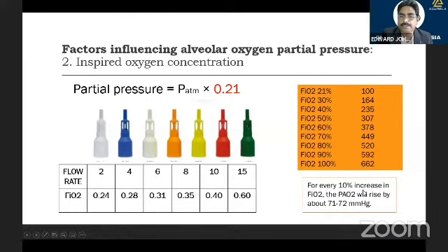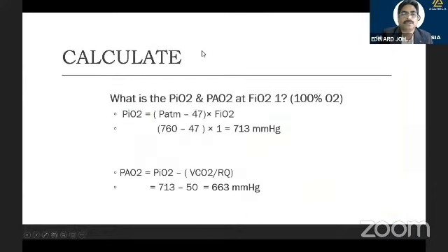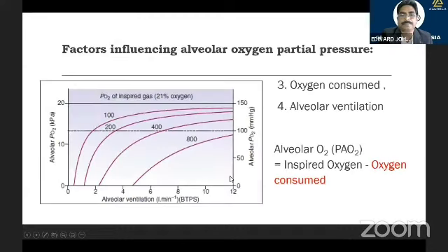For every 10% increase in the FiO2, the alveolar partial pressure of oxygen will rise by about 71 to 72 mm of mercury. Suppose the FiO2 is 1, that is 100%. The inspired oxygen partial pressure will be 713, and the alveolar oxygen partial pressure will be 713 minus 50, which comes to around 663 mm of mercury.